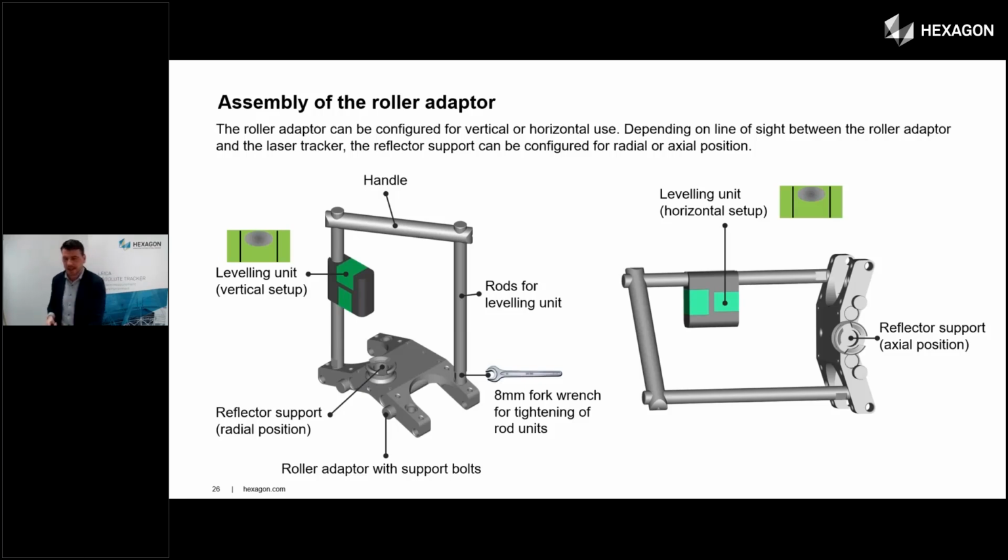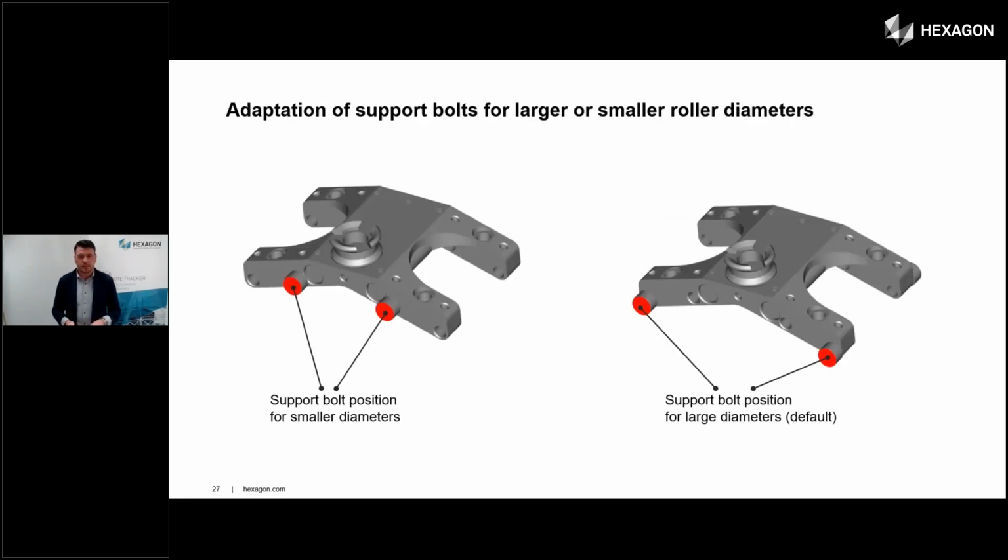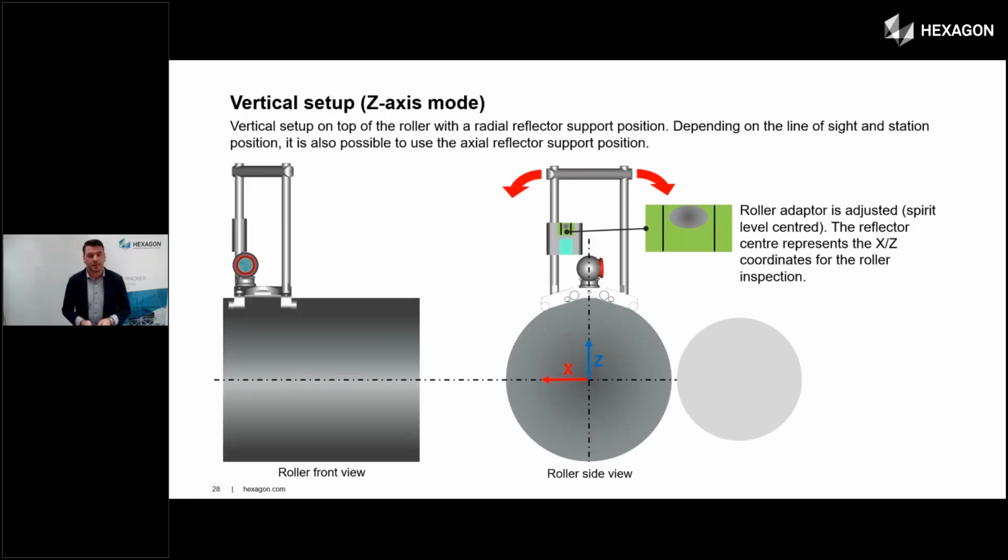And a lot of things can be modified. We will see this a little bit later also in the videos. We have also four small magnets we can change, so it's holding itself. This is according to the size of your diameter. So adjustment is only done with the spirit.